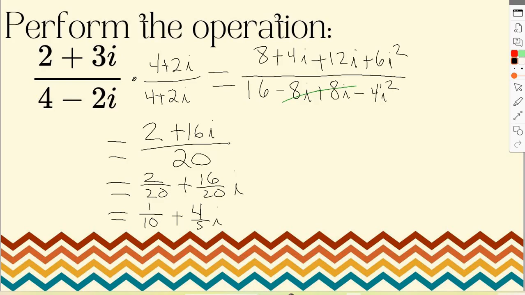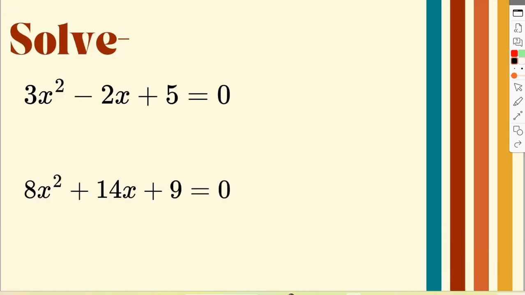Are you ready for our last kind? So the whole reason that we have imaginary numbers is because of what they give us when we have quadratics, right? So notice, how have we solved quadratics in the past?